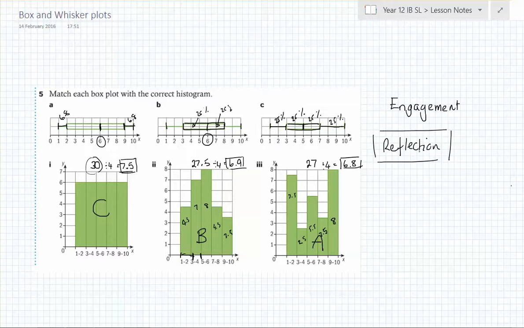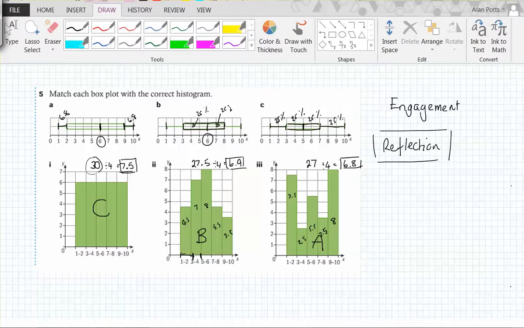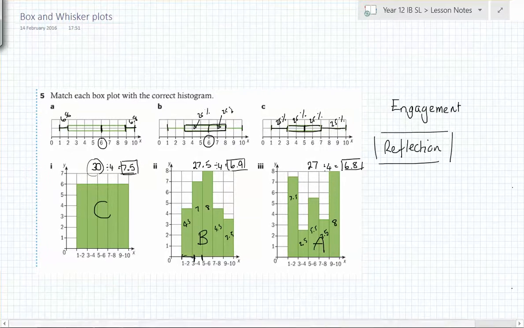Right, what we're going to go on to next. Any more questions on box and whisker diagrams, by the way? No? Okay, let's move on to the next thing, which is cumulative frequency. Come on, move.